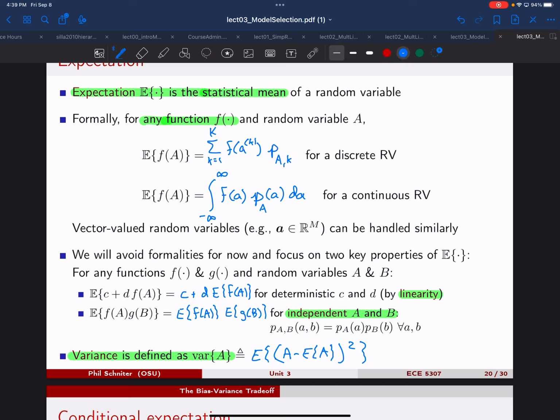Yes, it's a great question. Another way to write this, which we did with the sample variance, we proved this, is you can look at the expected value of A squared, and then you can subtract the mean squared. Right? We did this before.